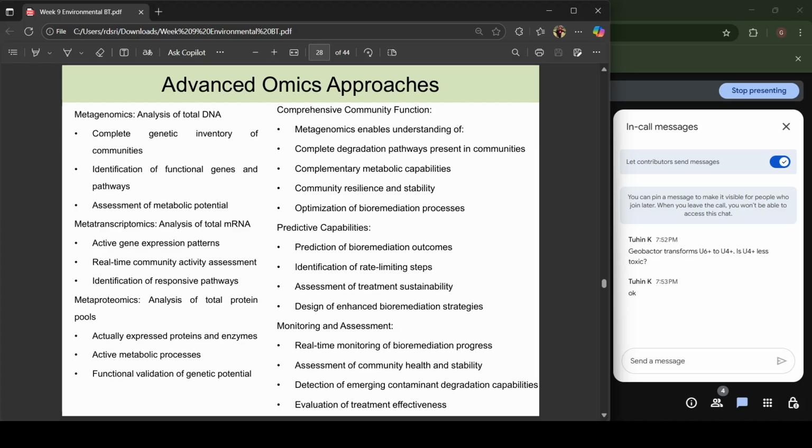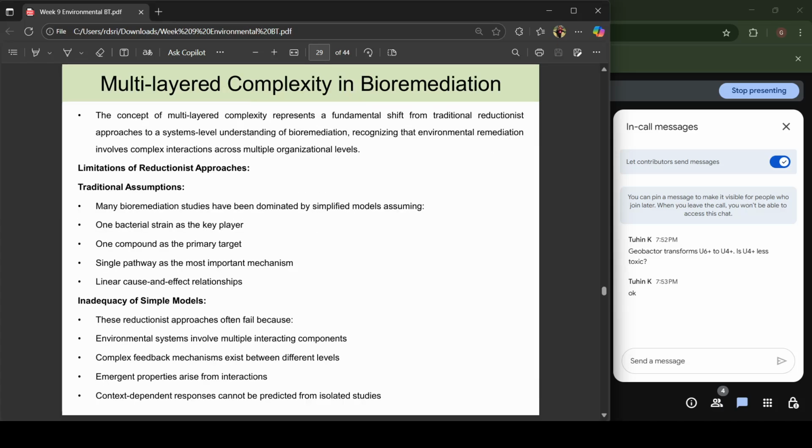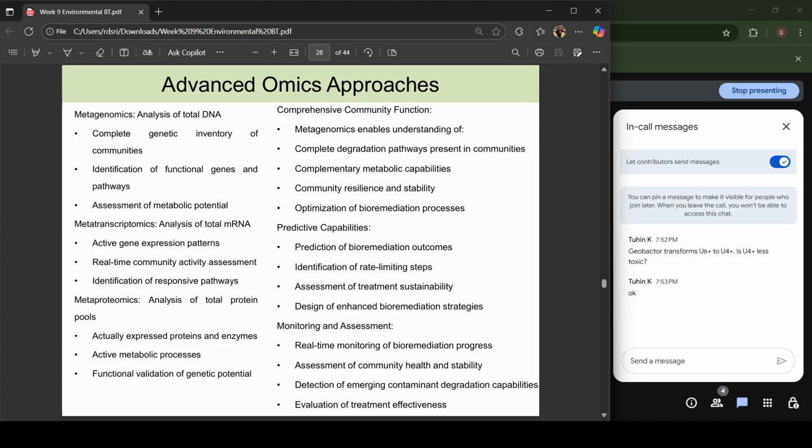So that is our final motto, to study how effective we can carry out the treatment process. So cultivation dependent, independent, and omics approaches. I hope it is clear.